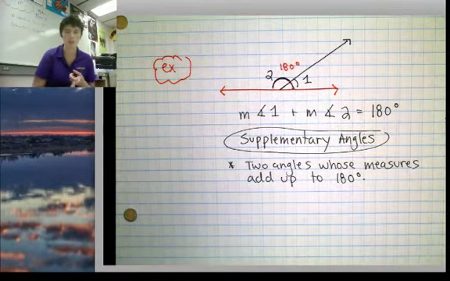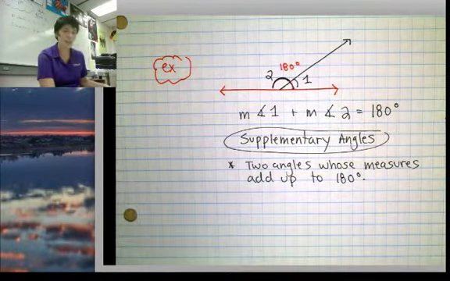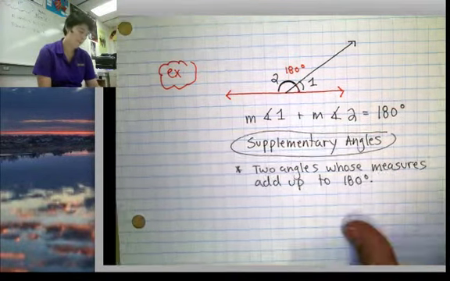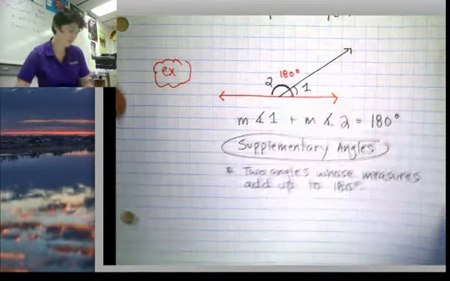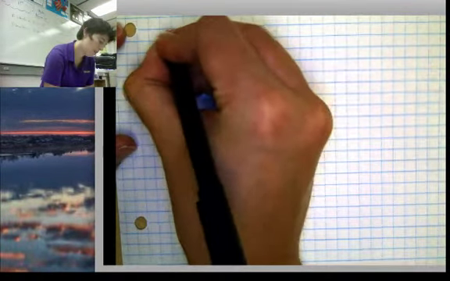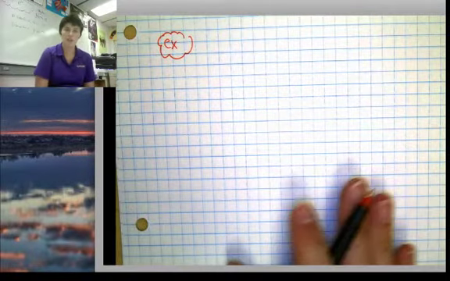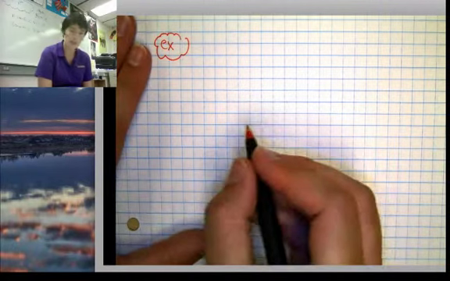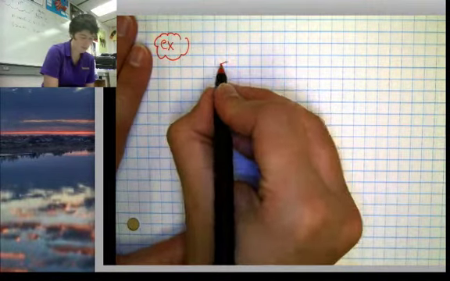So we have complementary, we have supplementary, and then we've got one more special angle that I want to talk about today. I'm going to draw a new picture. This is an angle formed with 2 lines that cross each other. You can draw 2 lines however you want, but I'm going to draw mine like this.